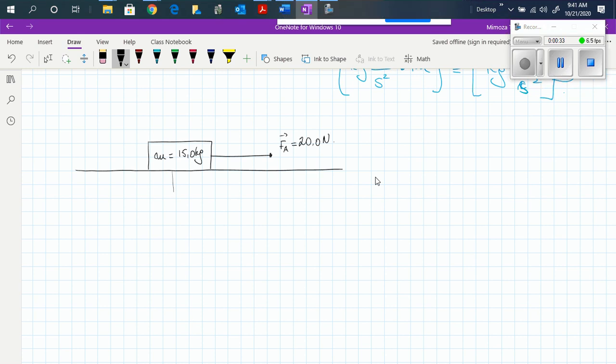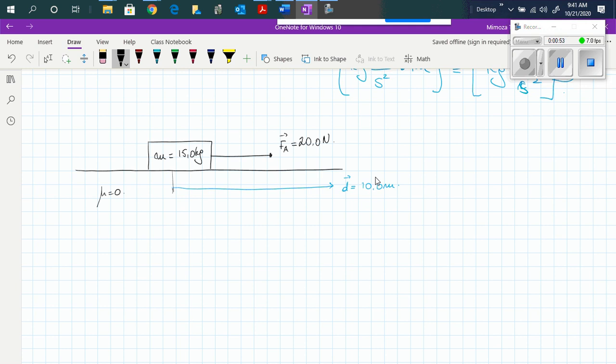And as a result of this, the object is moving in the east direction for 10 meters. So what we are dealing with here is a frictionless surface.